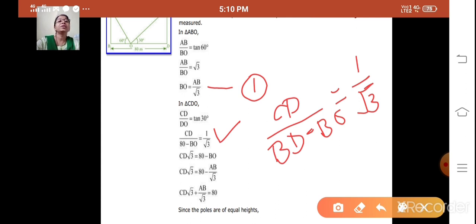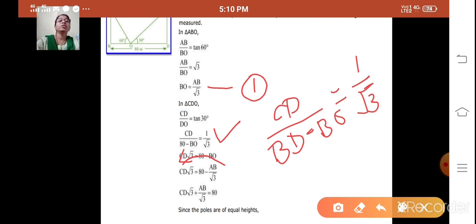So root 3 into CD is equal to 80 minus BO. Now from equation 1, you substitute the value of BO as AB upon root 3. Right? Now you collect these two terms together. So shift this side. So you will get CD root 3 plus AB upon root 3 is equal to 80.